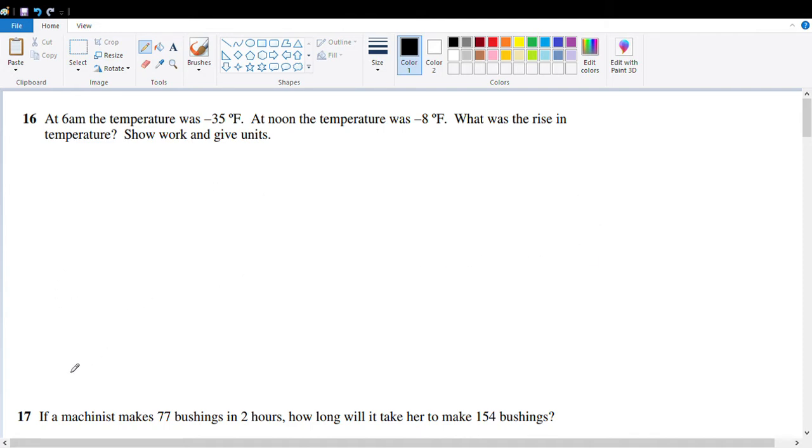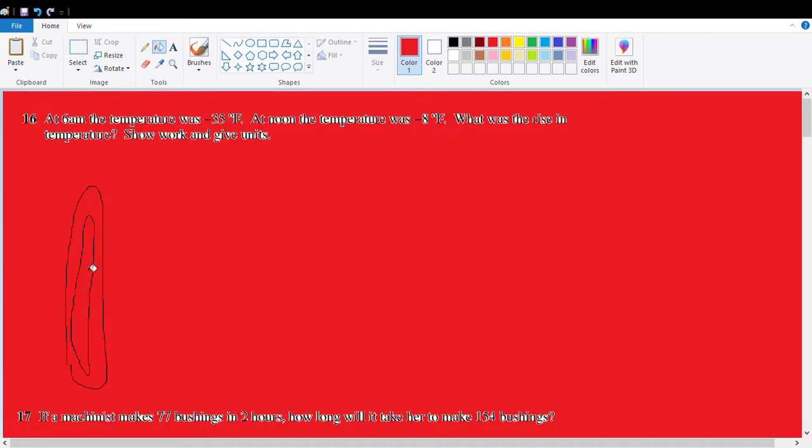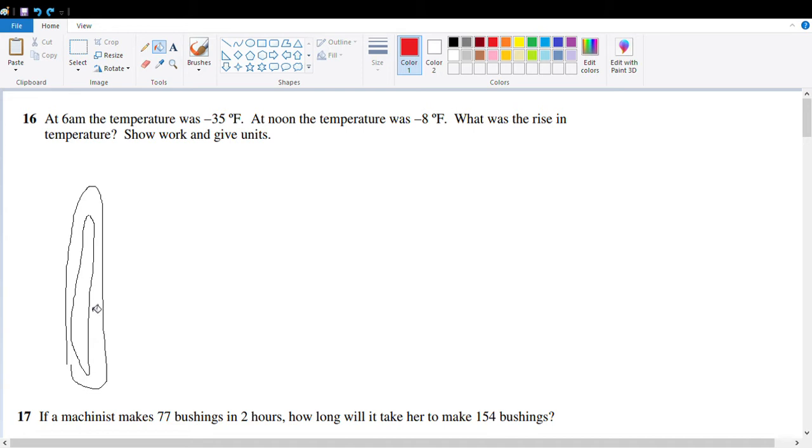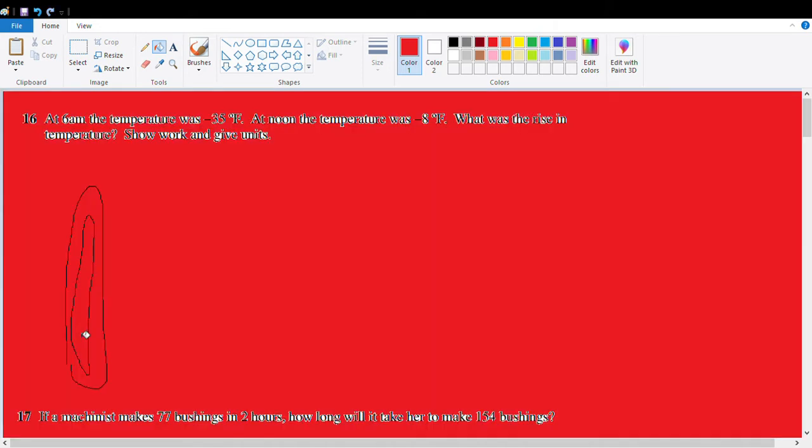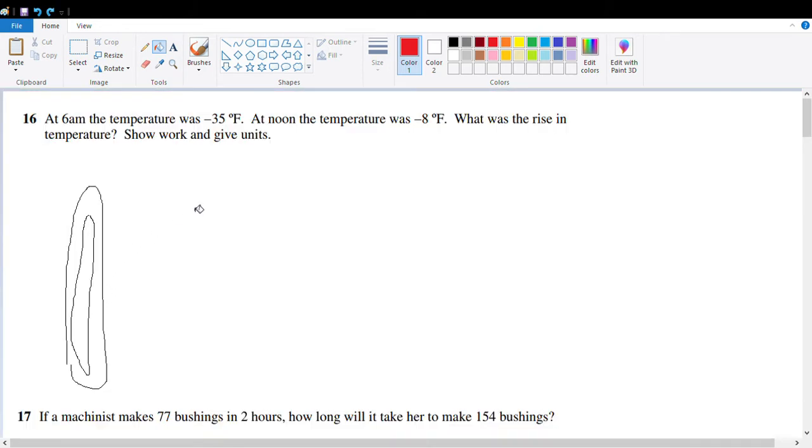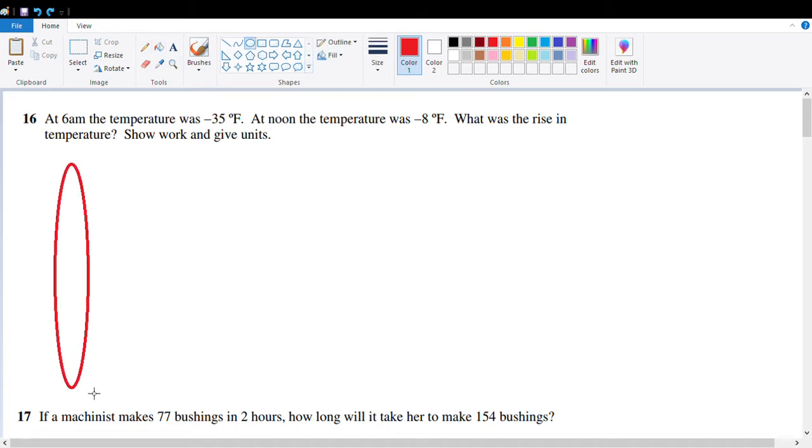So in case you didn't know, let's suppose this is a temperature gauge, and inside is red.